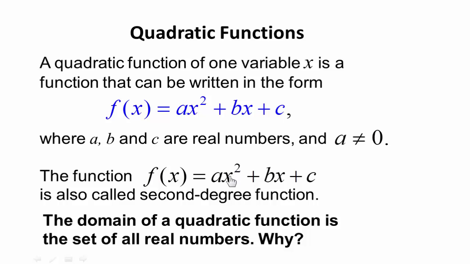Then it can be multiplied by a constant or a real number. We know that for a linear function the domain is all real numbers because you can plug in any number for x. There's no restriction.